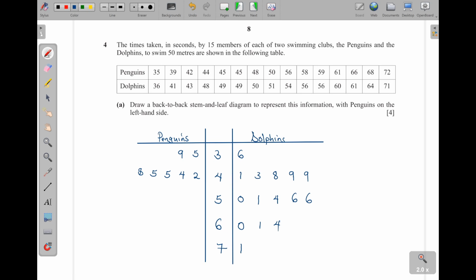Then we go to the 50s. We have 50, 56, 58, 59. So meaning I can have a 0, a 6, 8, and then a 9. They must be in that increasing order. And then 60s, we have 61, 66, 68. So I put 1, 6, then 8. Okay, and then 72. So I will put 2 here.